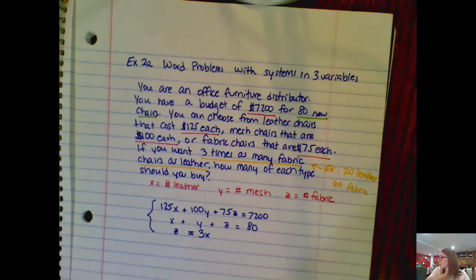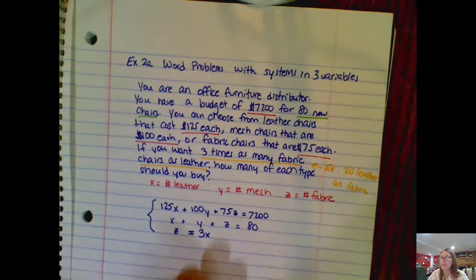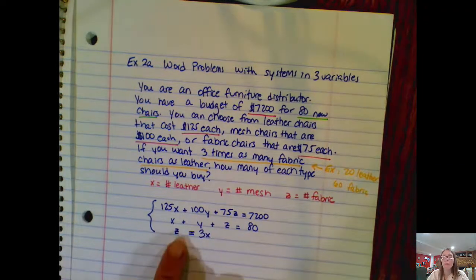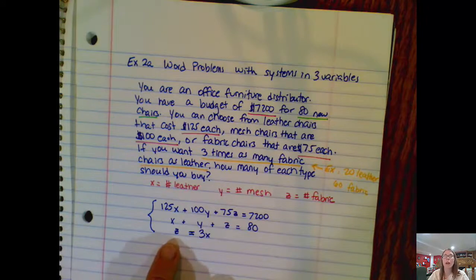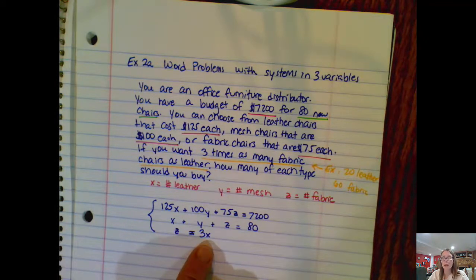At this point, we can work our problem out a couple different ways. One of the first things I notice is that my bottom equation doesn't have a y, and I have my z equaling something else. Even though we talked about how elimination can be really helpful to solve systems of equations in 3 variables, when you have one variable by itself that just equals one other thing, substitution is actually really easy.